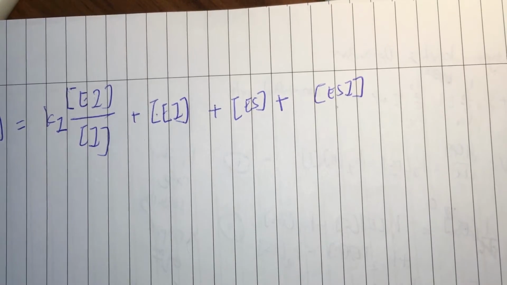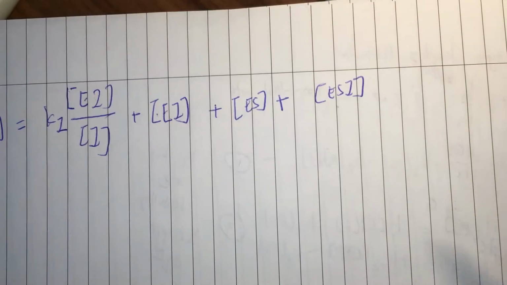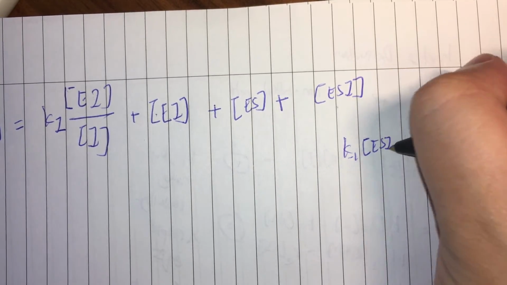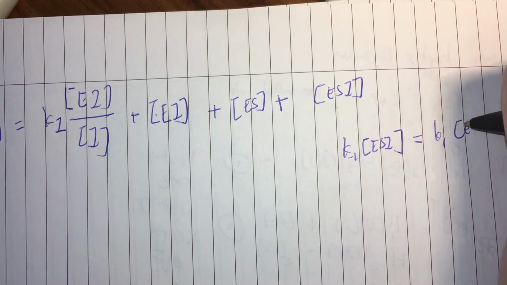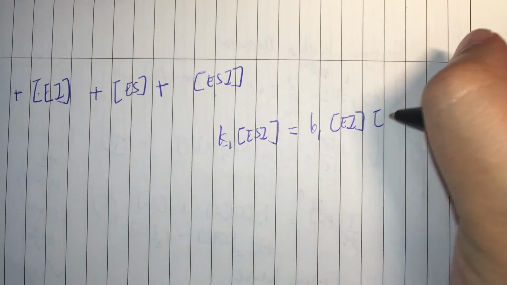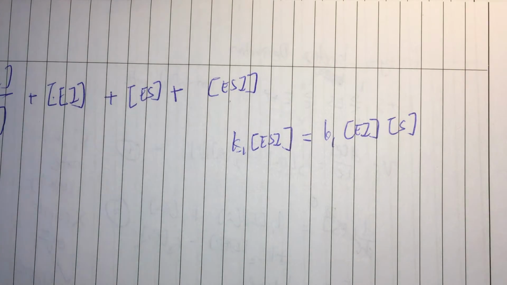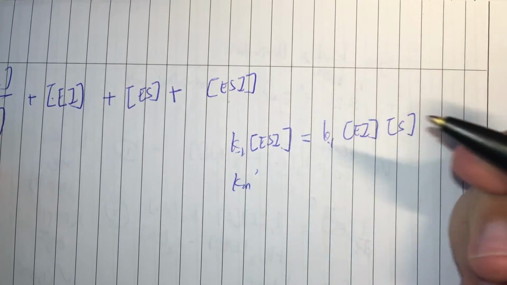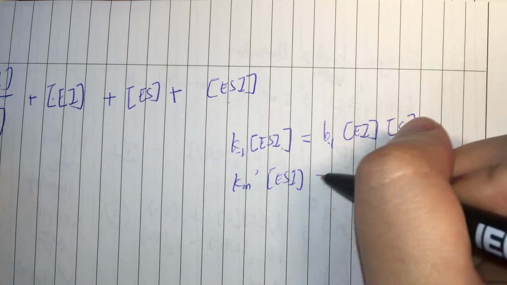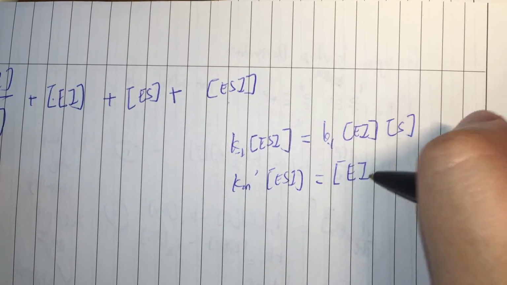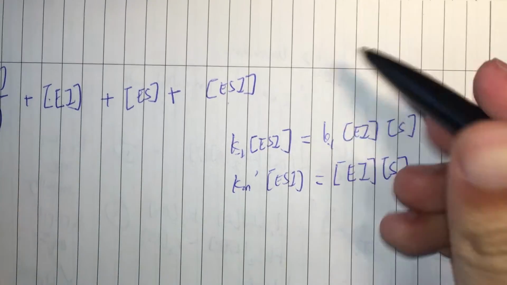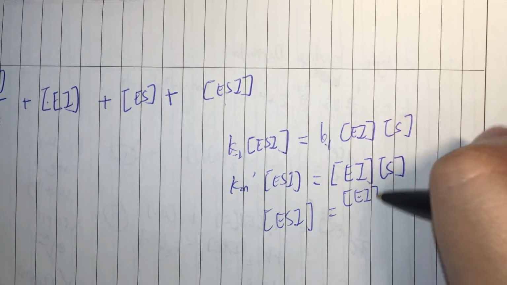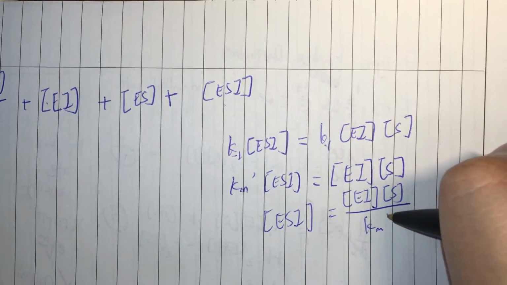From our earlier equations, namely this one, I can write K minus 1 into ESI equals K1 EI and multiply by S. And so this over this will give me Km prime, and that will be ESI, that's just the product of EI and S. So effectively I can get rid of ESI and I'm left with this.